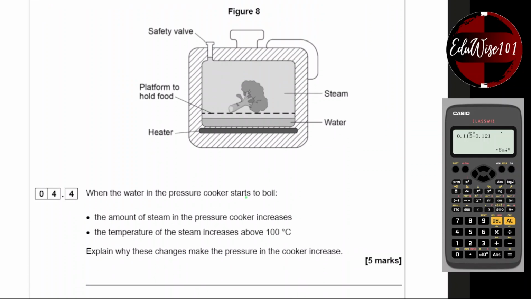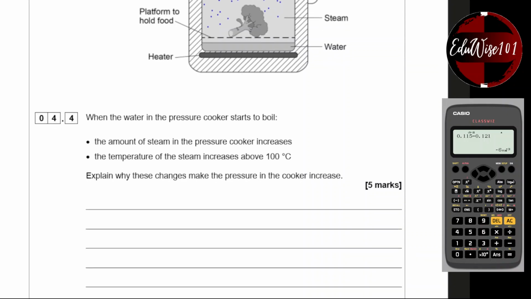When the water in the pressure cooker starts to boil, the amount of steam in the pressure cooker increases. So when it boils, the amount of steam here will actually increase. If all of these dots were steam or gas molecules, that's going to increase. The temperature of the steam increases above 100 degrees Celsius.